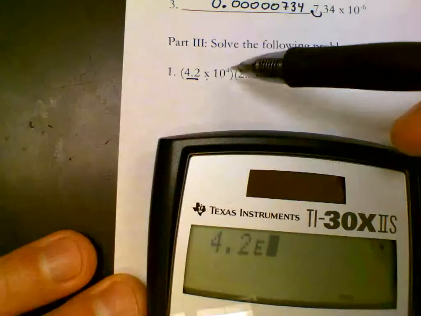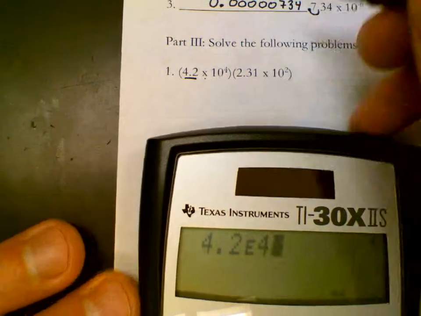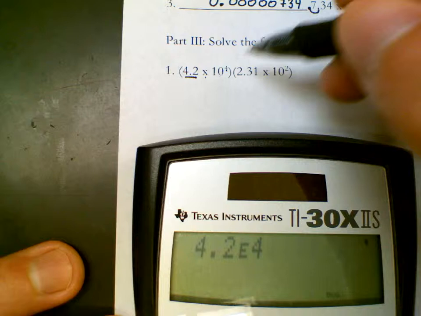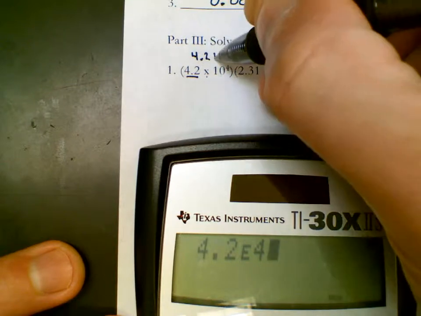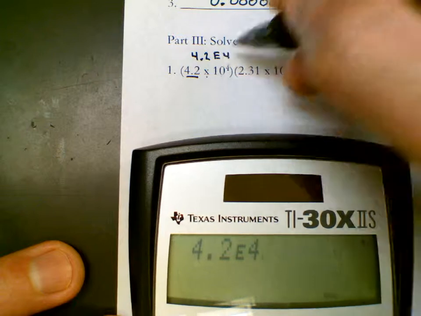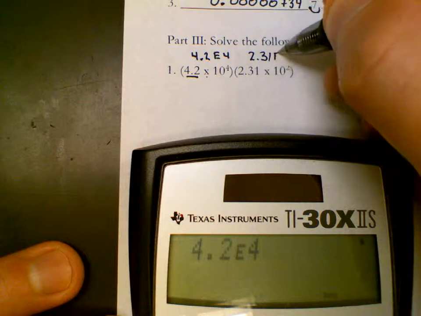And then I'm just going to do the power. In this case, it's 4, so 4. So my 4.2 times 10 to the 4th ended up being listed in my calculator as 4.2 E4. So this next number will end up being 2.31 E2.